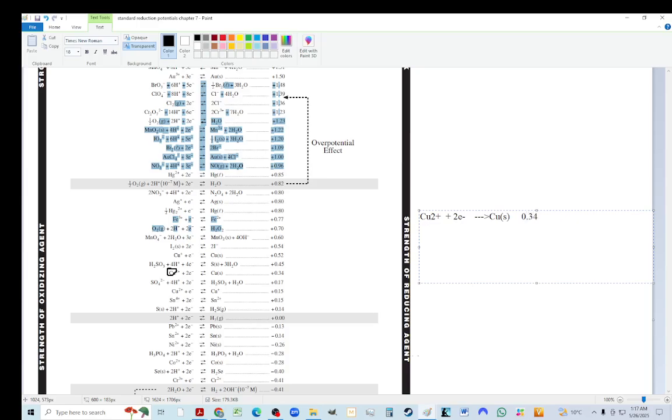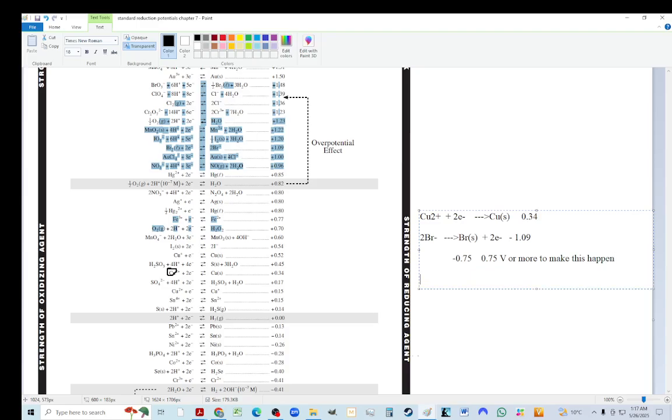And it also means that the Br minus is being oxidized, and it's reversed in terms of its charge. When you add those two charges together, you get negative 0.75, which means you need at least 0.75 volts or more to make this happen.